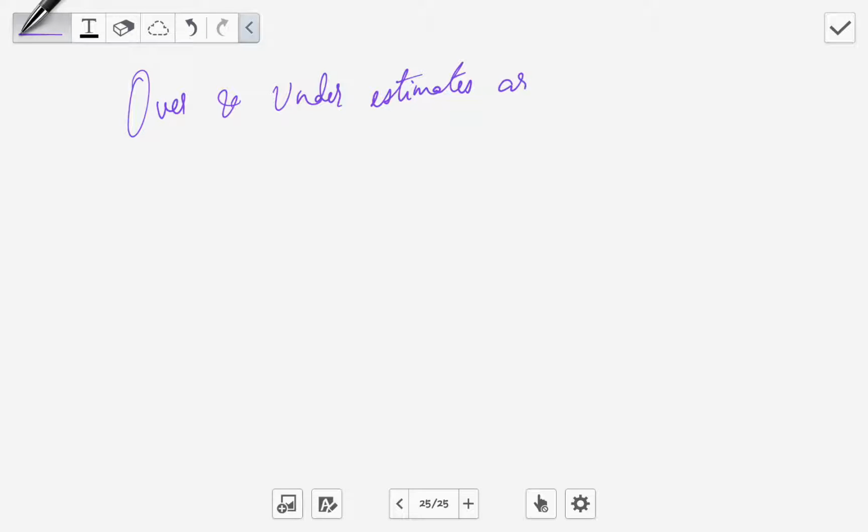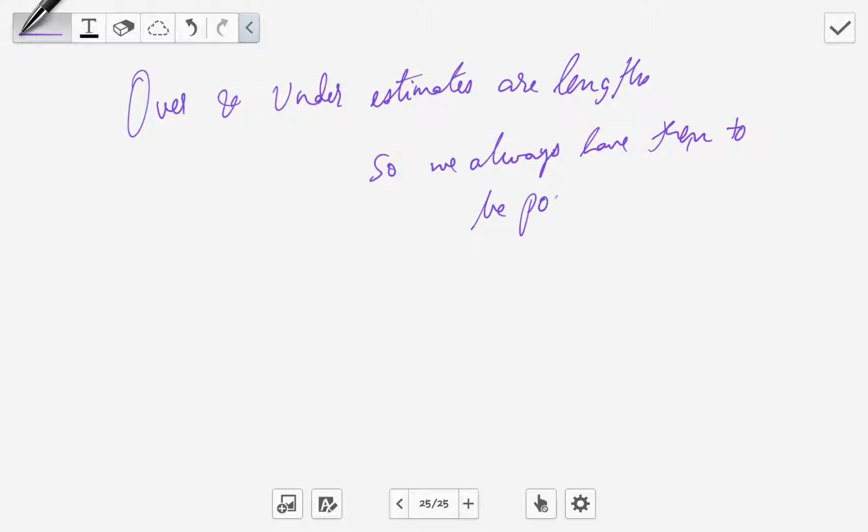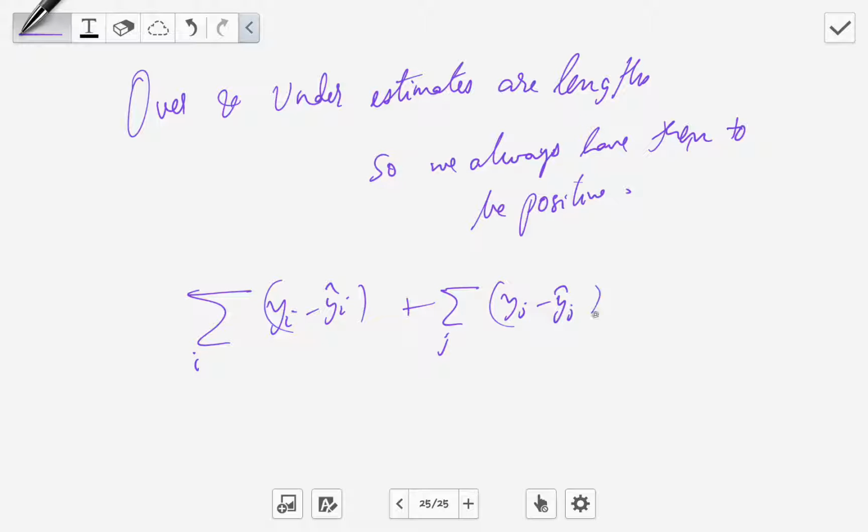Underestimates are lengths, so we always have them to be positive. So this sigma i for yi minus yi cap plus sigma j for yj minus yj cap is equal to 0.